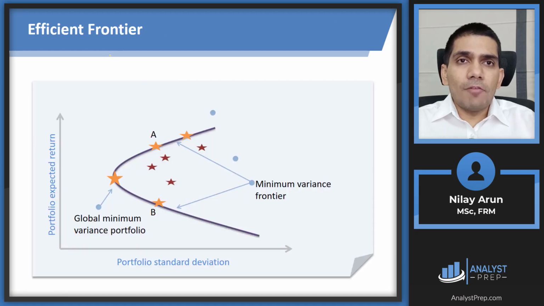Now this is your efficient frontier. Now let's understand the space that we are going to work in. In portfolio theory, we take the same things on the X and Y axis. Usually on the Y axis, you have the portfolio's expected return. And on the X axis, we have the risk. Now, what we need to understand is that even though we are saying that we are putting risk on the x-axis, the way we are going to define risk is going to change over the various phases.